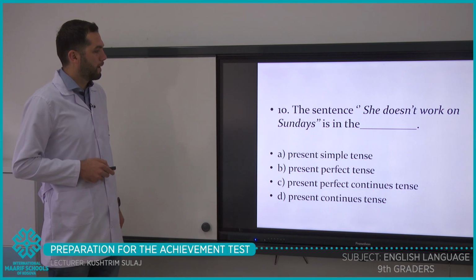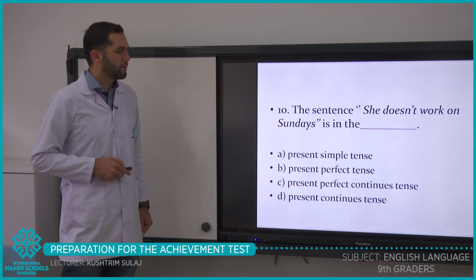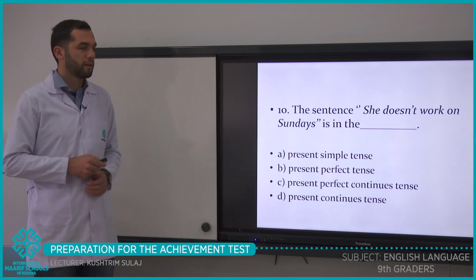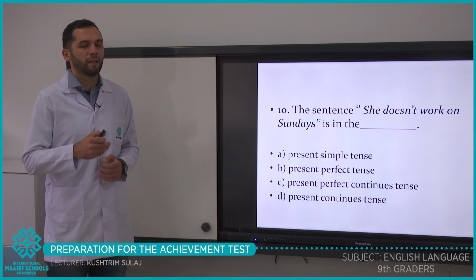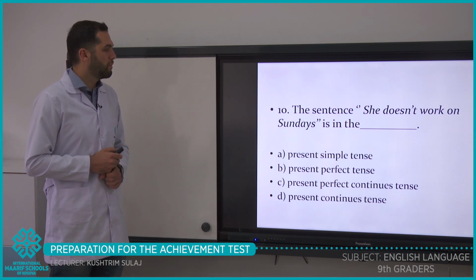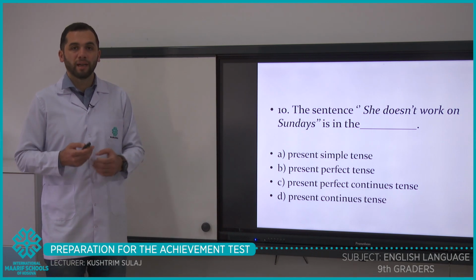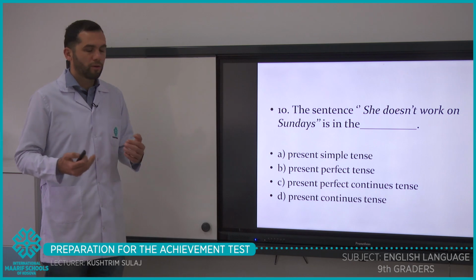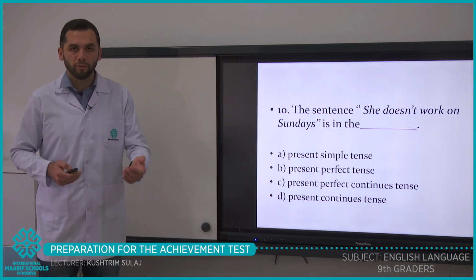And in the meantime, she doesn't work on Sundays gives us another feedback for the things that usually are repeated every day, every year, every month, or every week. So, it's about a habit, facts, or things that usually happen in a routine way.